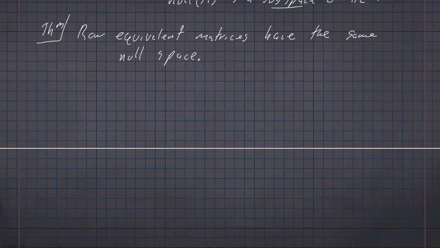But if you take just a minute to think about what the null space means and what row equivalent matrix means, you'll wonder why we even had to state this as a theorem.